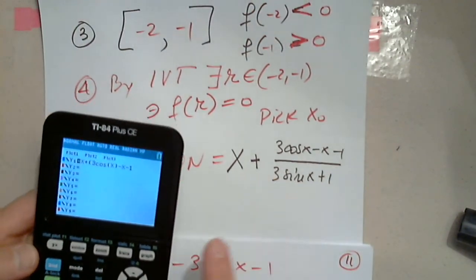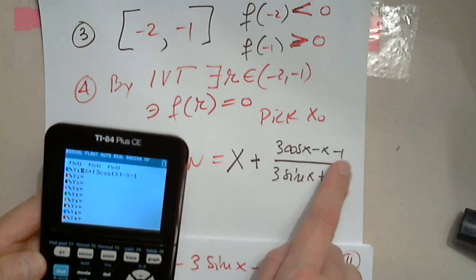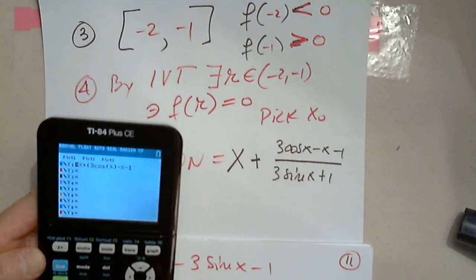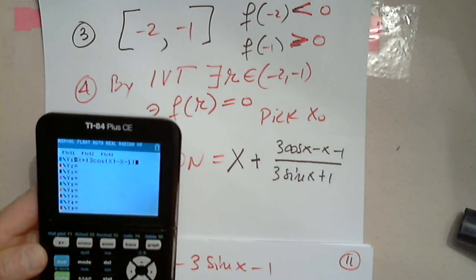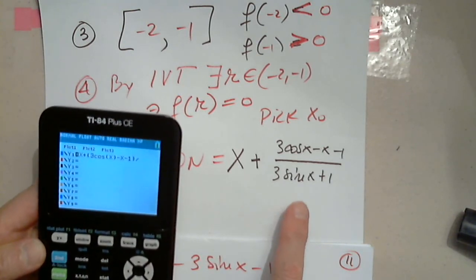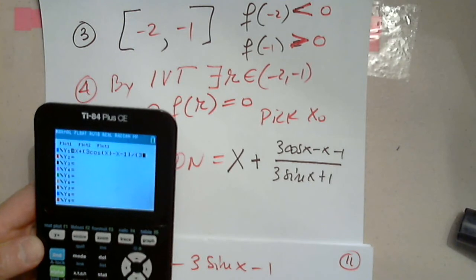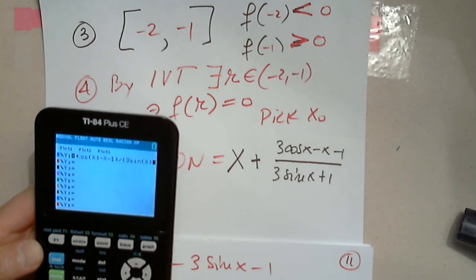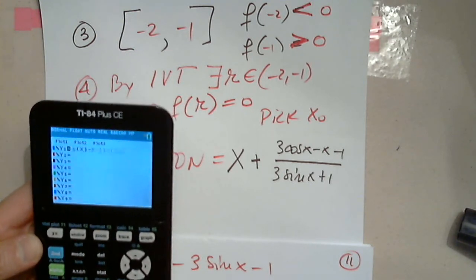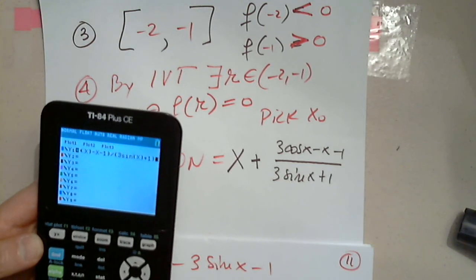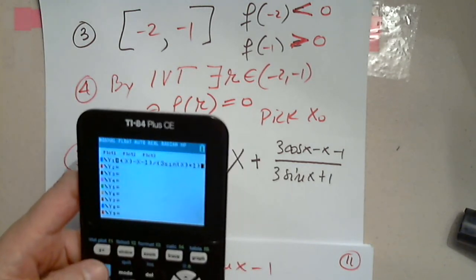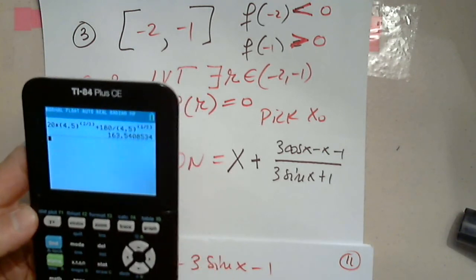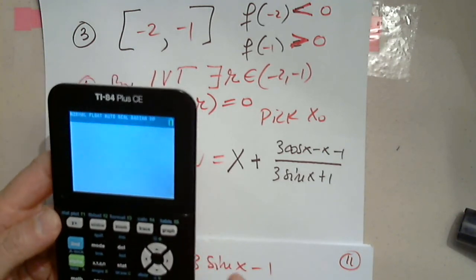So I have x and plus parentheses for 3 cosine x minus 1 minus x minus 1. Close the parenthesis for the numerator. And divide by this, in parentheses, 3 sine x, close the parenthesis, and plus 1, and close the parenthesis. At this point, you need to second and quit.